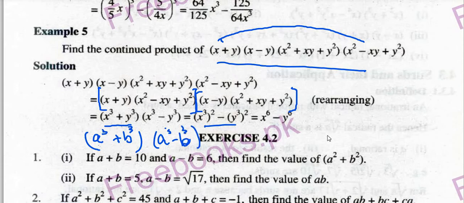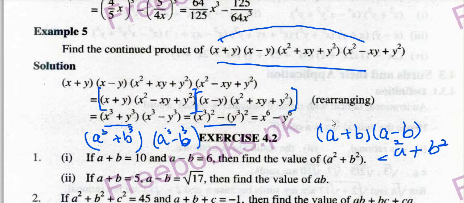Okay, we always read this a plus b, a minus b equals to a square minus b square. Similar way, if there are cubes, then you will also get the squares. So x cube square minus y cube square. This is x6 minus y6. Just make the pairs of these two and these two. You will get the answer.